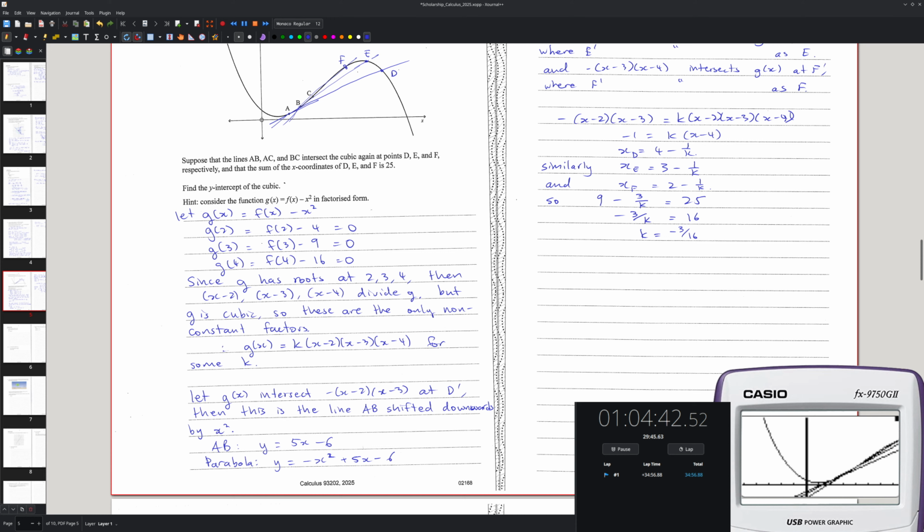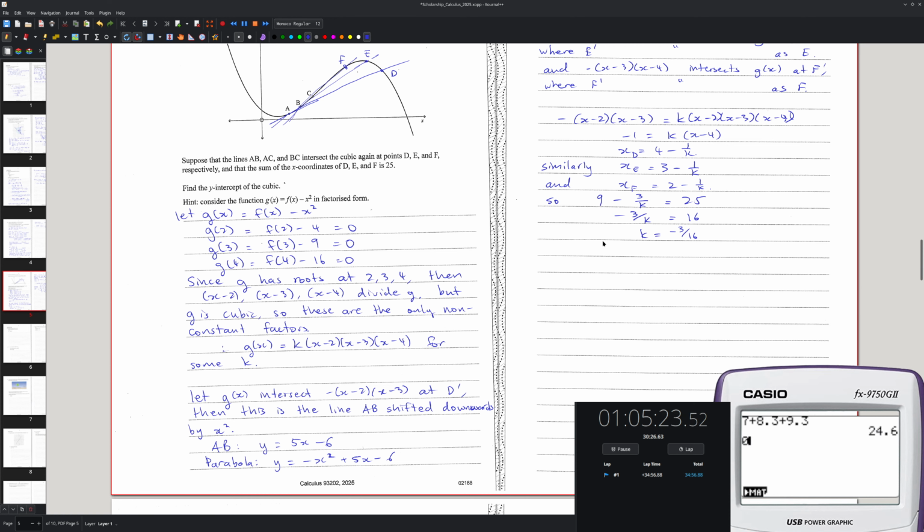So if we go with that and that, 2, 3, and should be one more. Yo, wait, look, I can just eyeball the intersections, bro. This one looks like 7. This one's like 8.3, and this one's like 9.3. Okay, 7 plus 8.3 plus 9.3. That's close enough for me.